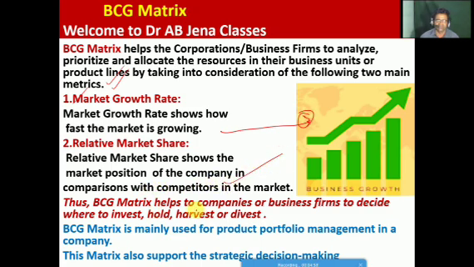Thus, the BCG matrix helps companies or business firms decide whether to invest, hold, harvest, or divest. It is mainly used for product portfolio management in a company, and also supports strategic decision making with respect to invest, hold, harvest or divest. So now you are clear.